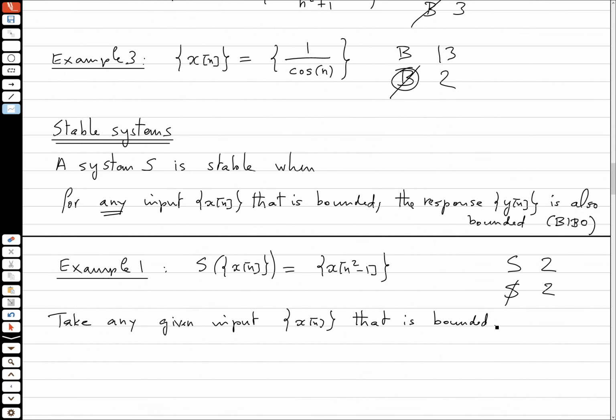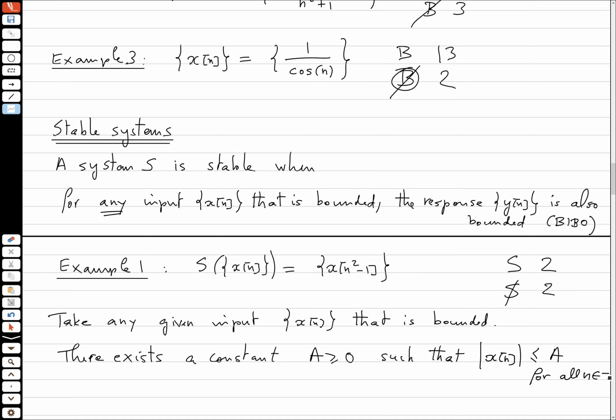Since we assume it's bounded, there exists a constant a such that the absolute value of x of n is less than a for all n. This is what we assume, because we need to assume that.